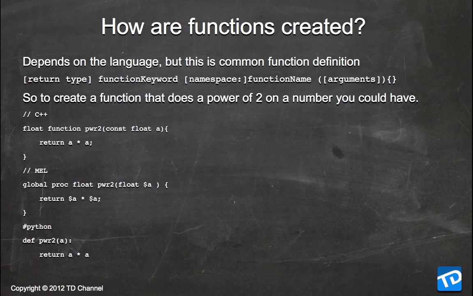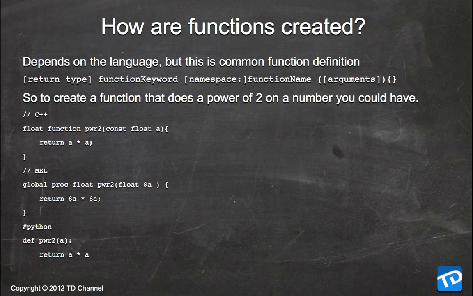And then finally let's look at it in Python. Python, because it's a typeless language where you don't have to specify the type of the variable that you're dealing with, then you don't really have to specify the type that you're going to output. So as you can see, the Python function is a lot simpler. All you do is def, which is the keyword for defining a procedure, and then you give it the name, power 2, and then you give it the incoming variable a.